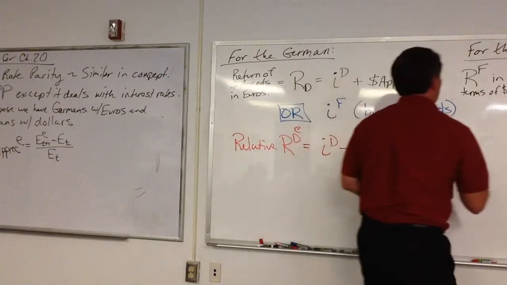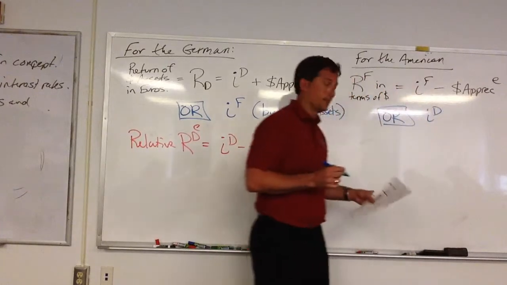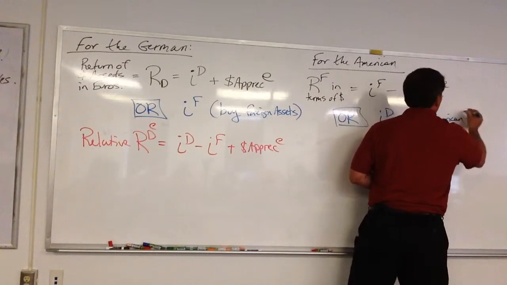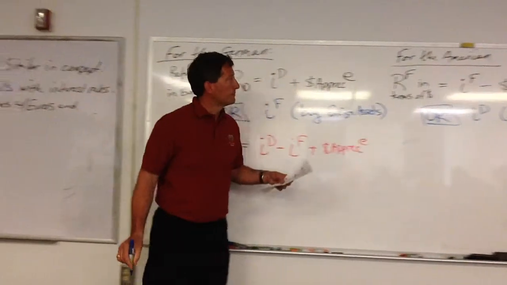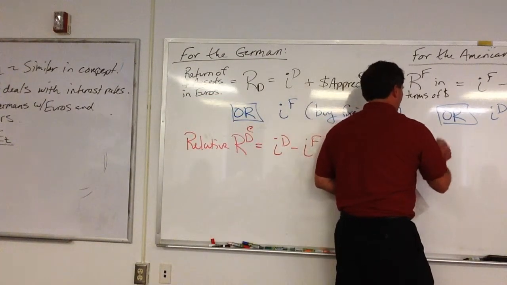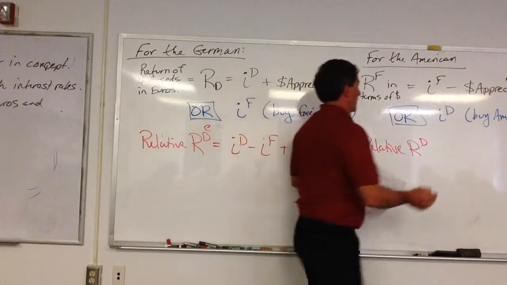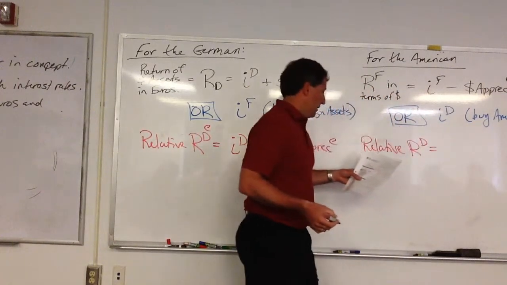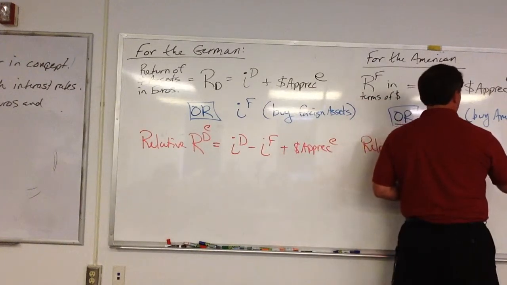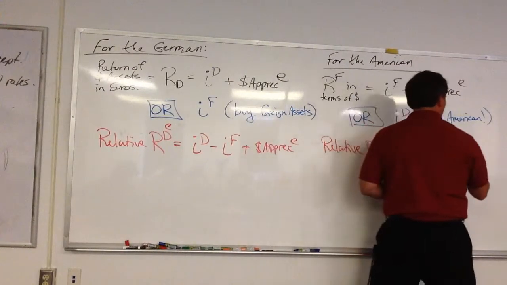Or, of course, the American can just earn the domestic interest rate. Buy American. And the relative return for the American is equal to the domestic rate minus, and I'll do this one in two steps, the foreign rate, which is what we just did.